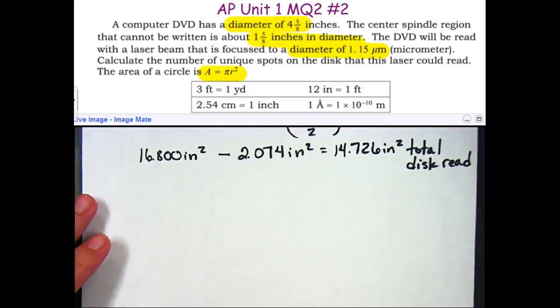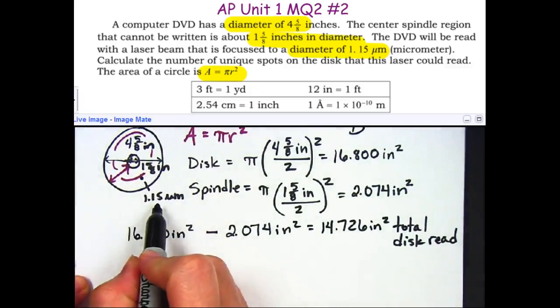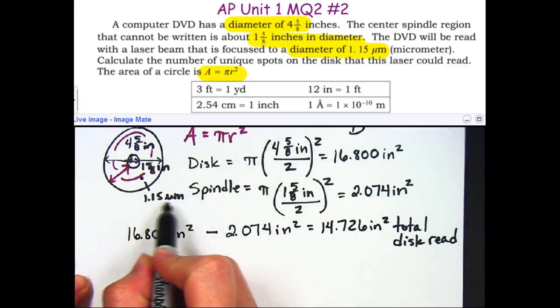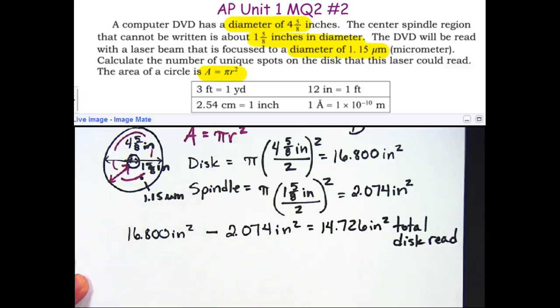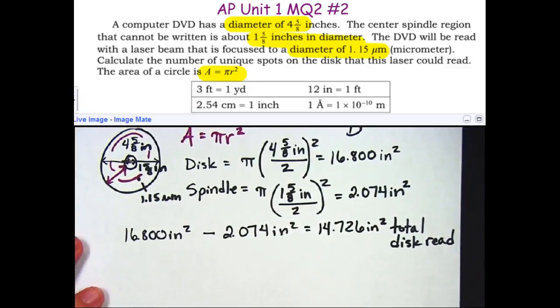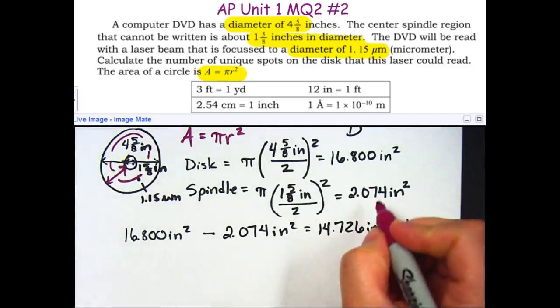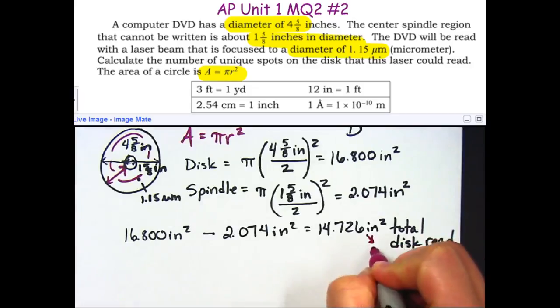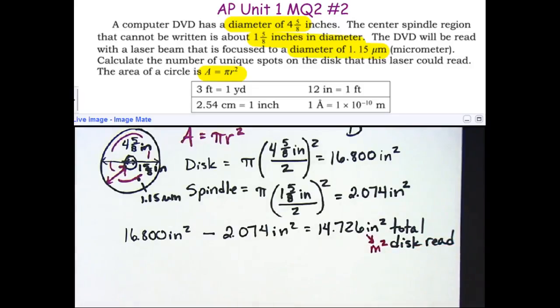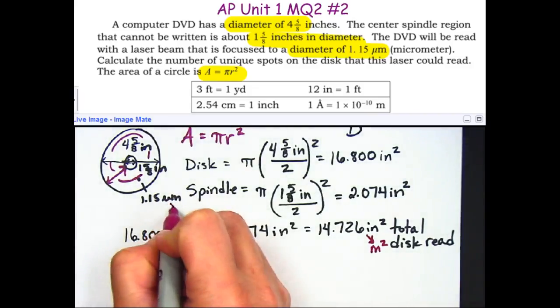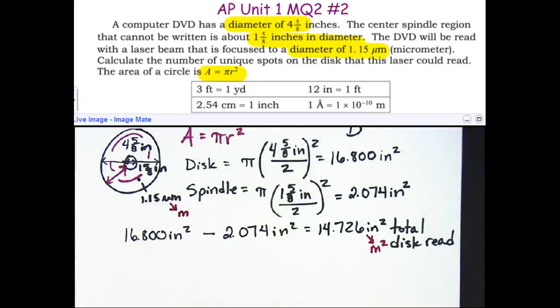I want you to also notice that our units are different, because the area of the laser is going to be in micrometers when we find it. So it's likely better if we go ahead and convert the 14.726 square inches to square meters, and we can later change the laser to meters also, so that we'll be dealing in the same units.